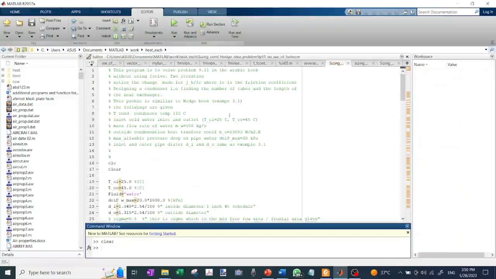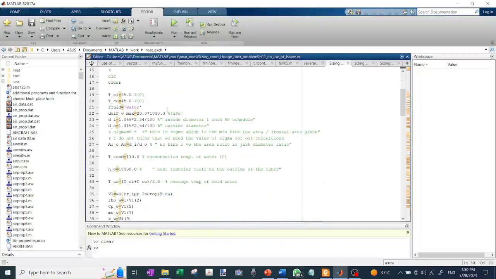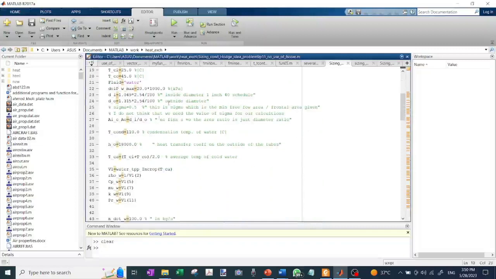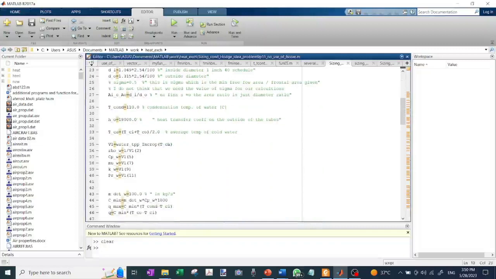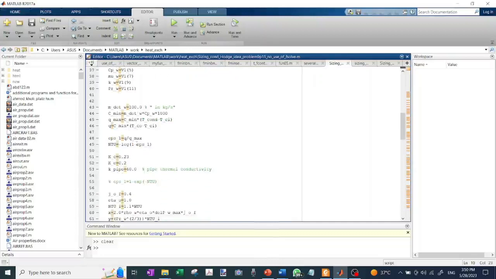This is the first program in MATLAB where we put all the input data that is given, and we also find the properties using some other subroutine, and we find how much is NTU and how much is Q and Q max and so forth, as we did in the explanation.